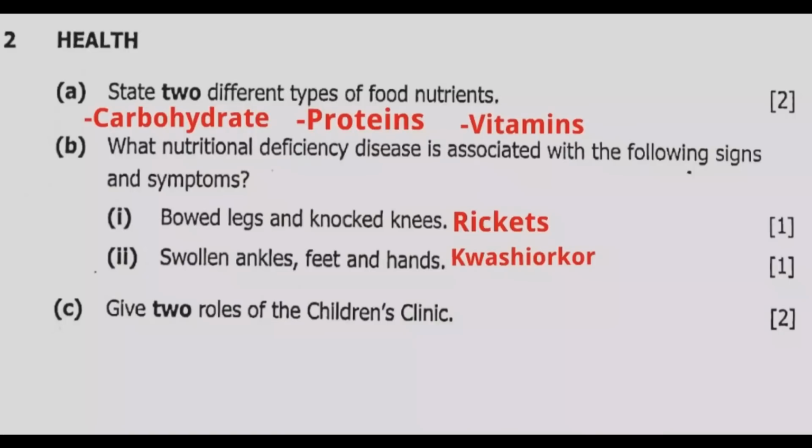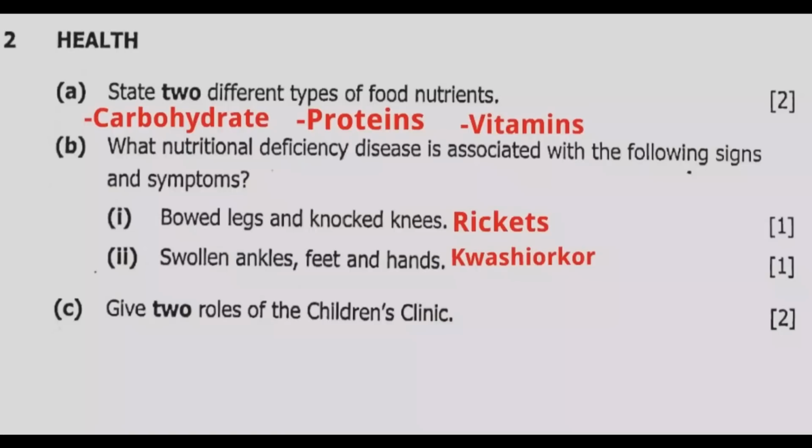Go to question number 2C, which is give 2 uses of the children's clinic. You should be very careful that you don't take this one as the clinic card. They are saying the uses of children's clinics.